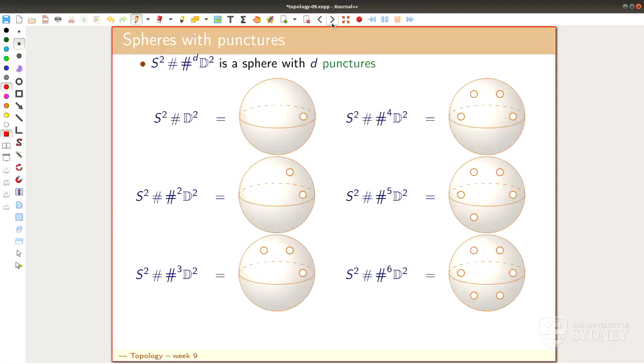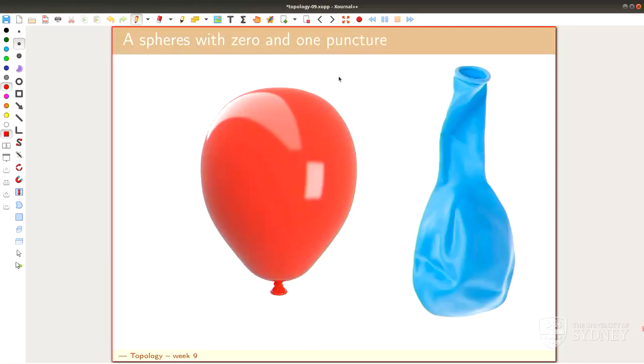And yeah, they show up in real life. So this is just the one with d punctures. The soccer ball itself is the one with 0 punctures. So this is a soccer ball. And if you put in one puncture, you get the other picture. You have punctured, and the air no longer comes out. This is the one with 1 puncture.